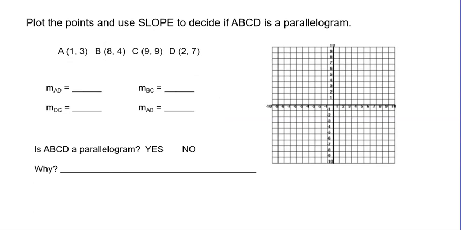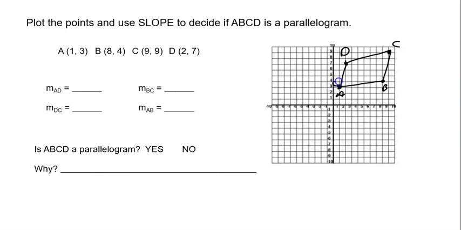Okay, last one. Plot the points and see if it's a parallelogram. So 1, 3, 8, 4, 9, 9, and 2, 7. So this is A, B, C, D. So let's find the slope of AD.